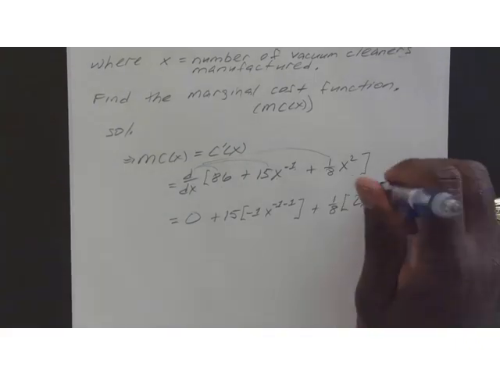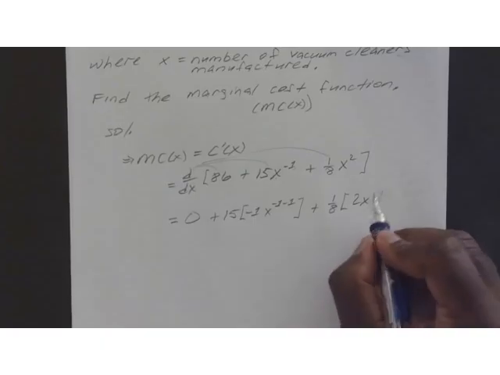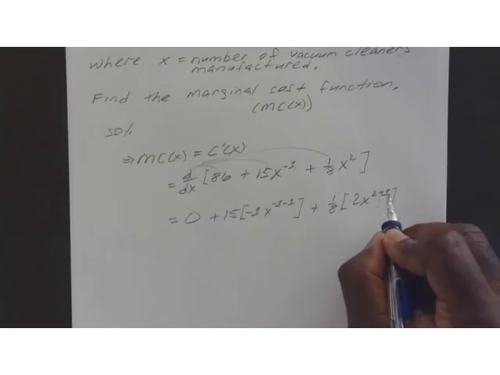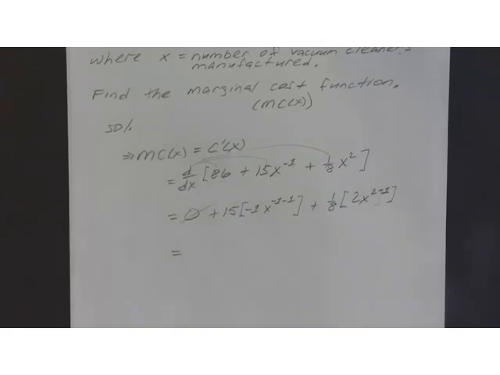Or you can say 2X to the power of 2 minus 1. Let me go ahead and write that. So our cost function would be, we can just eliminate that 0, no point even writing that down.